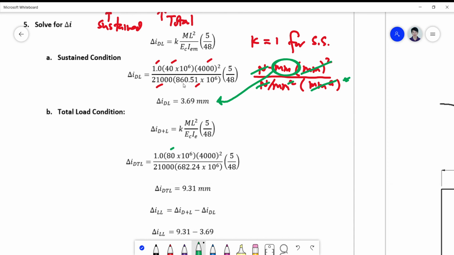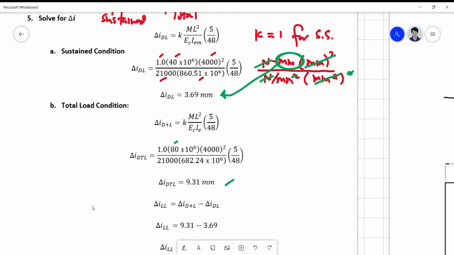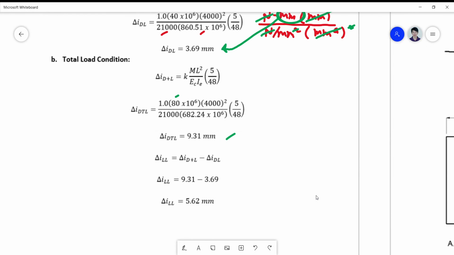So this is for your sustained load condition, and this is for your total load condition. Okay, so this is 9.31, and then all we need to do is to subtract 9.31 minus 3.69, you get 5.62.